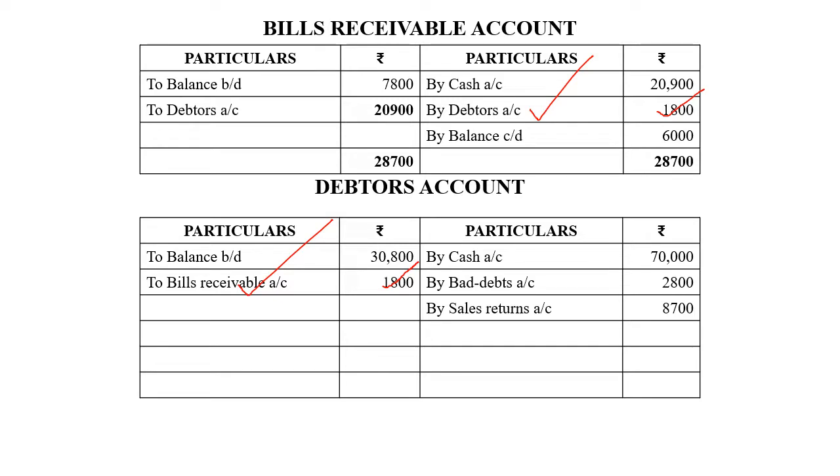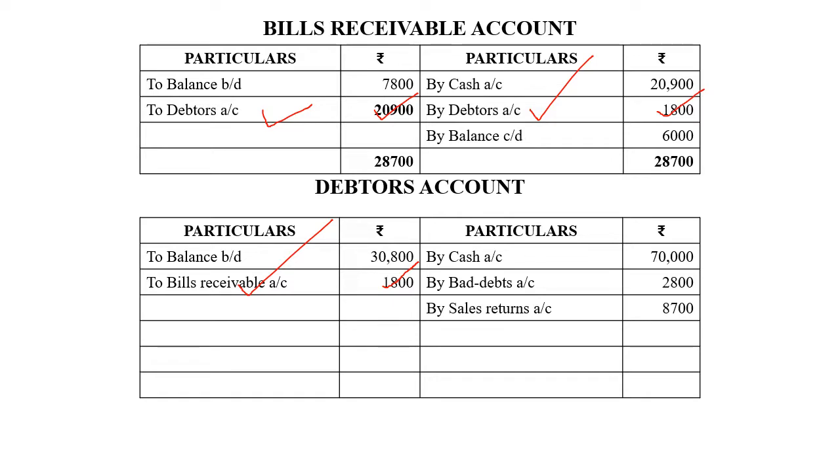But on the debit side, we have to debtors account and 20,900 is the balance that we have to record now. Before recording the closing debtor balance, we have to record the transaction that affects the debtor balance. Then we have to close the ledger account. So what is the journal entry? It is to debtor, which means by bills receivable. So the journal entry will be bills receivable account debit to debtors account.